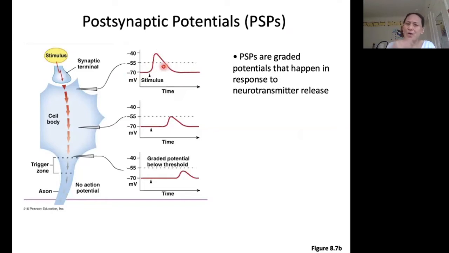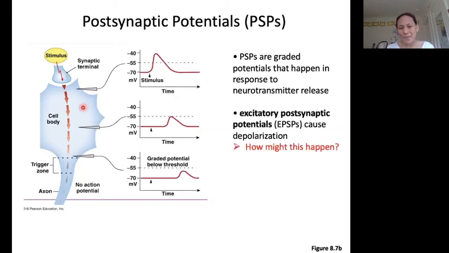And like I already described, but verbalized better in these words right here, a PSP is a graded potential that's going to happen in response to neurotransmitter release, all right? We have two main types of PSPs that can happen in our postsynaptic cell.